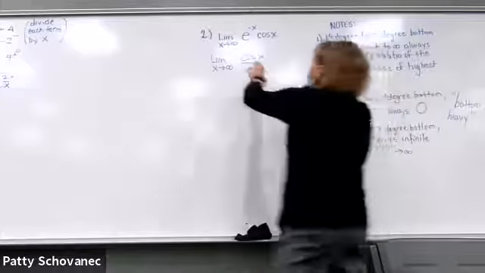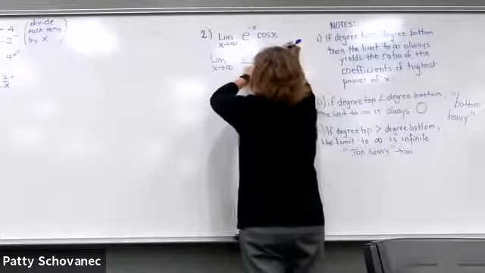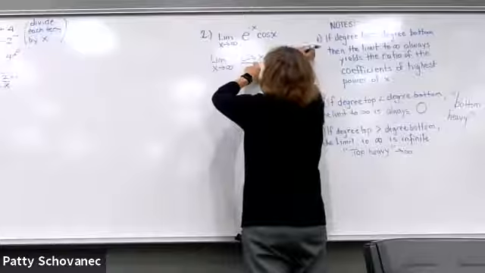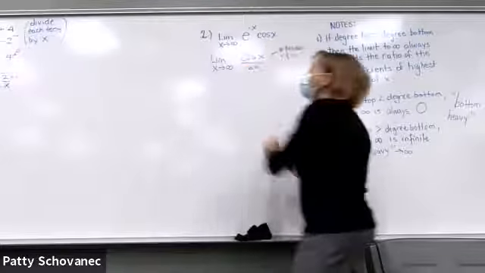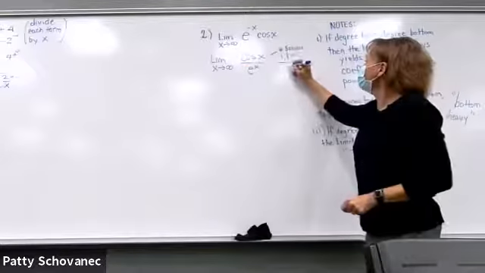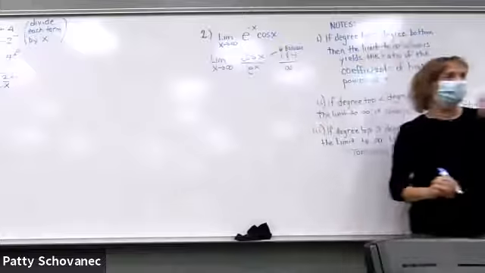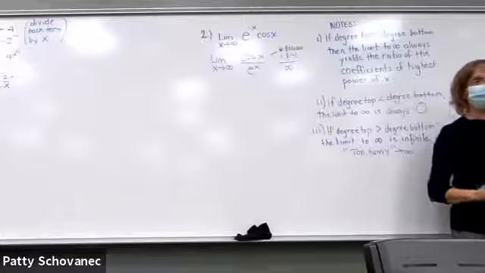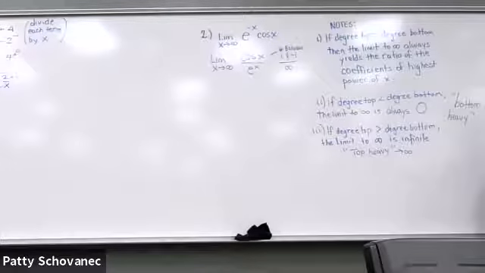This numerator is going to be some number between 1 and -1, and this is going to be something that's really, really, really big. So it's bottom heavy, which means the limit is going to be 0.